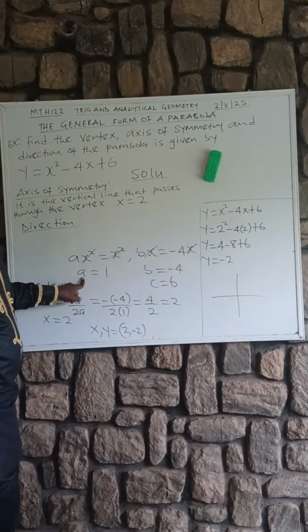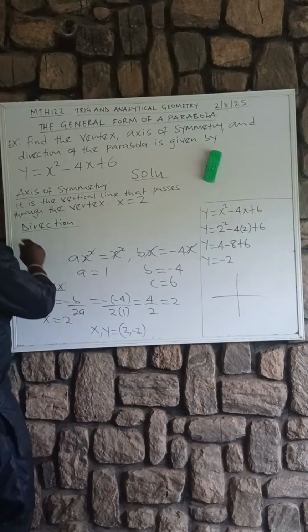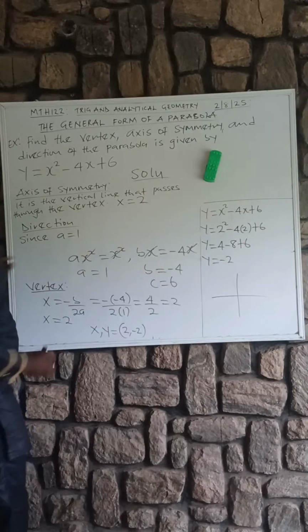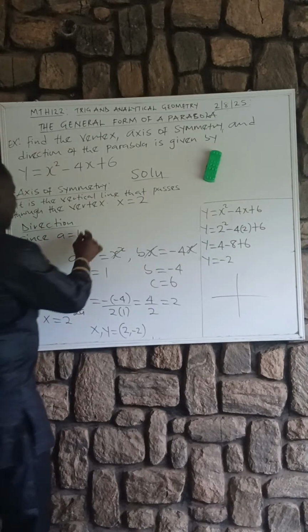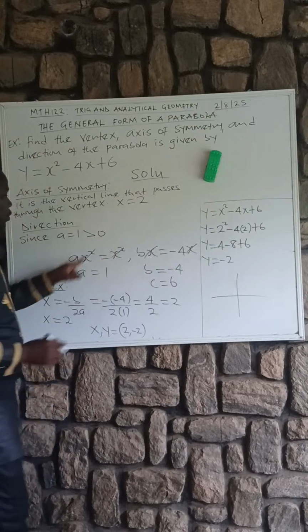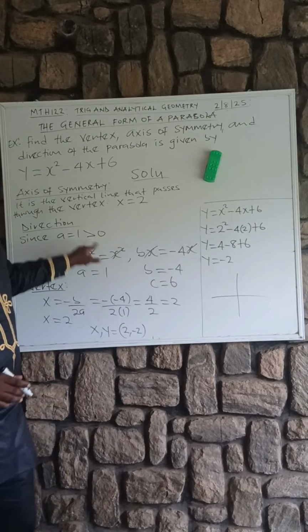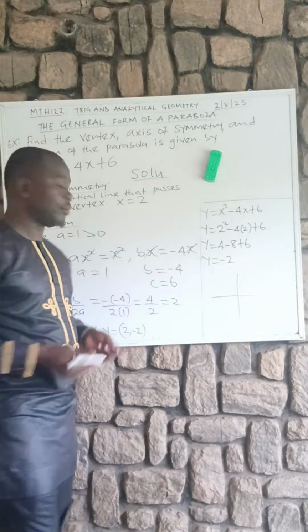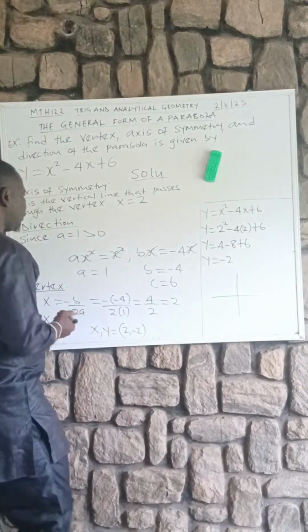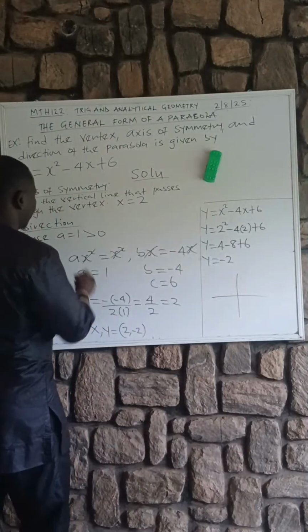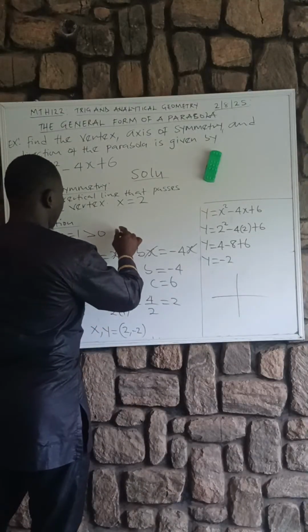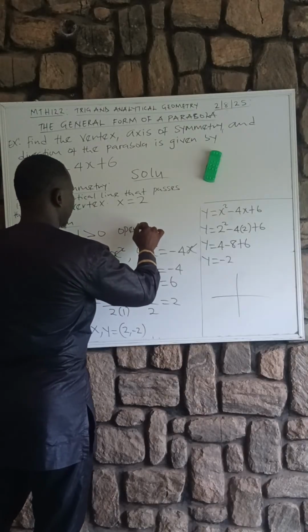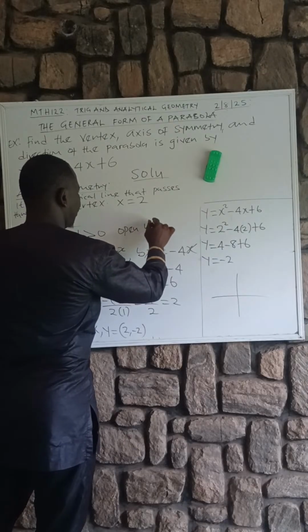As you can see, our A is equal to 1. Since A is equal to 1 and 1 is greater than 0, the parabola opens upward. Is that clear? It opens upward.